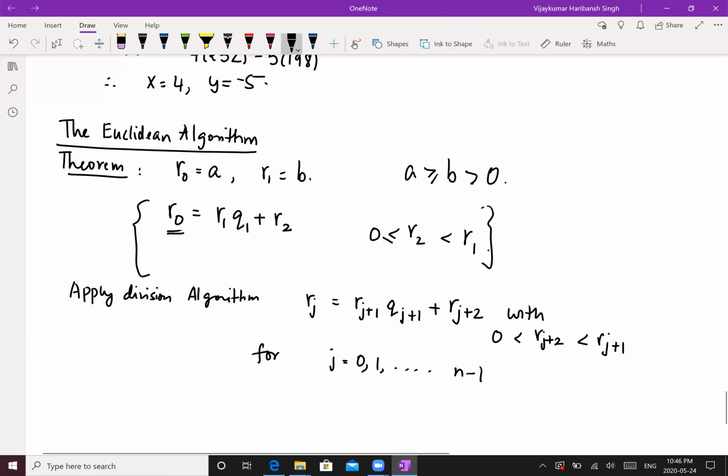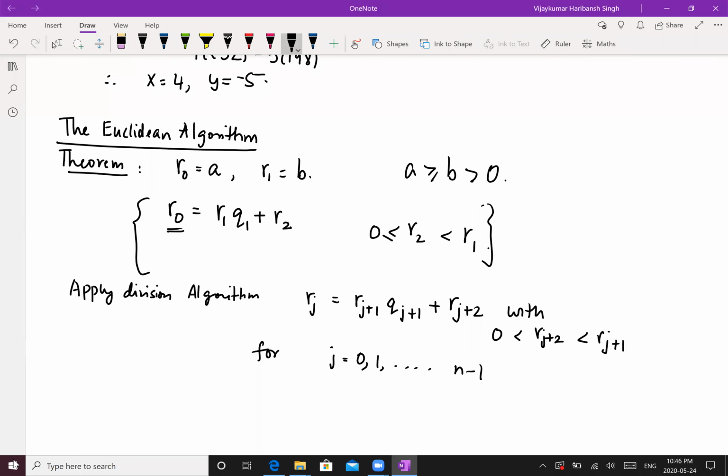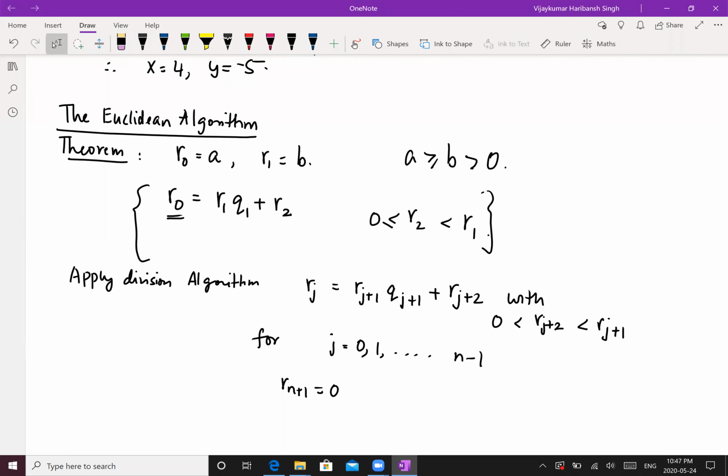And suppose we get Rn plus 1 equals 0 after doing the nth step. Then the GCD of A and B is the one step before Rn plus 1.